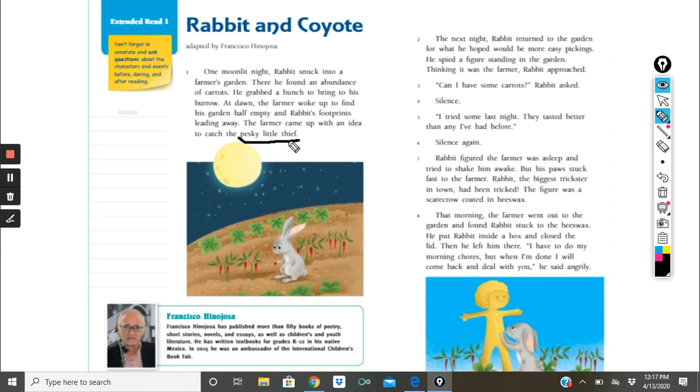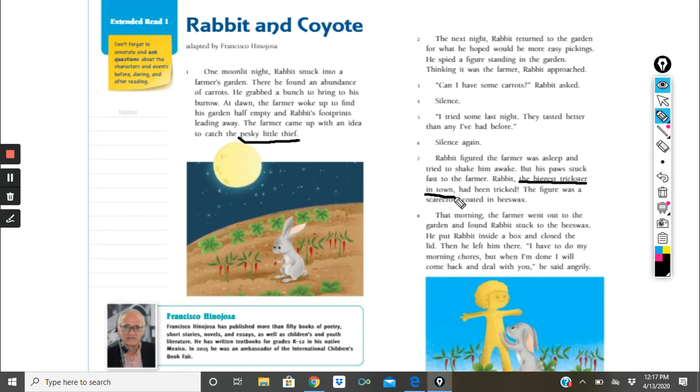Now, another thing that popped out to me is if we look down at paragraph 7, it says, Rabbit figured the farmer was asleep and tried to shake him awake, but his paw stuck fast to the farmer. Rabbit, the biggest trickster in town, had been tricked. Look at that phrase here, the biggest trickster in town.